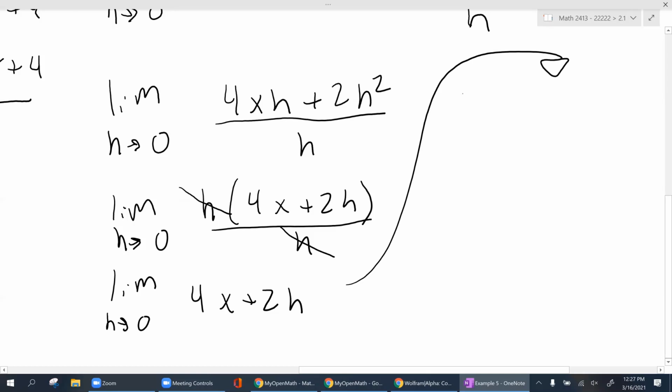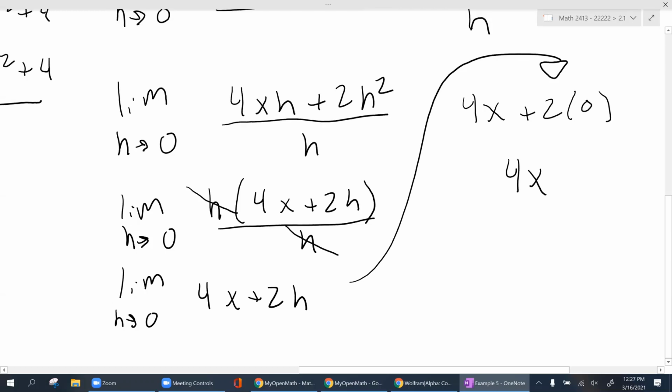So after I take the limit, I have 4x plus 2 times 0, and it doesn't matter how close I get to 0, 2 times 0 or very close to 0 is going to be 0. So I'm left with 4x.